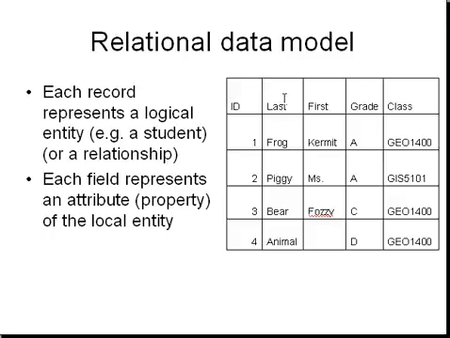So each row is a student, and each field, each variable, is an attribute of the student: the student ID number, the student's last name, first name, grade, and class.